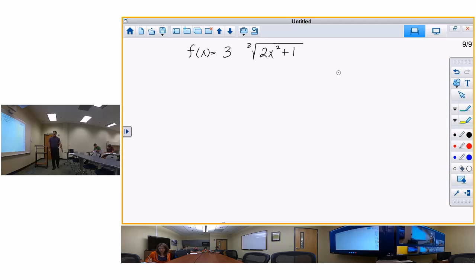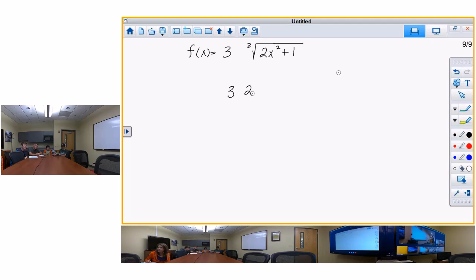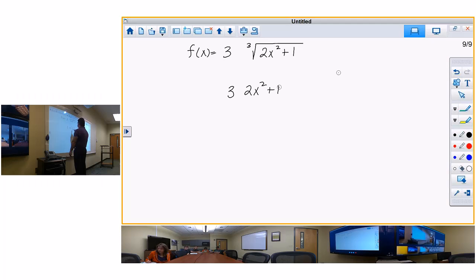So what would we change the radical to? Like a 1/3. 2x squared plus 1 to the 1/3, and now you've got the chain rule.